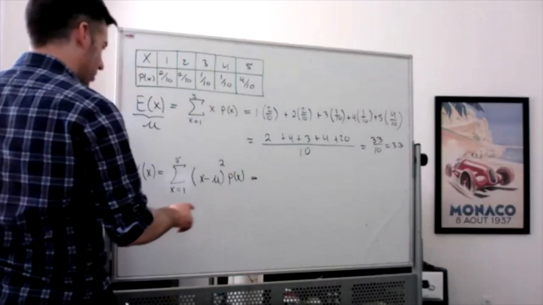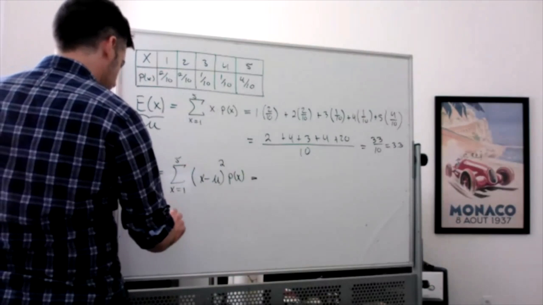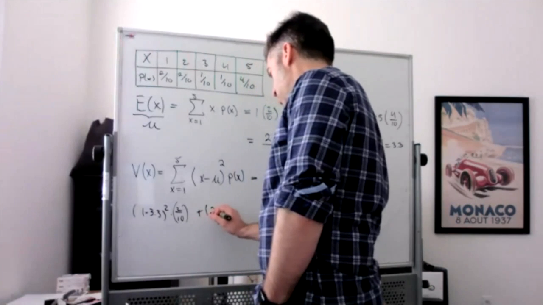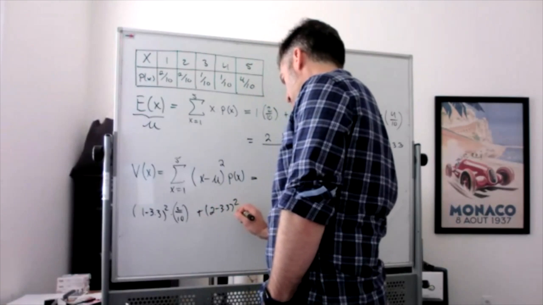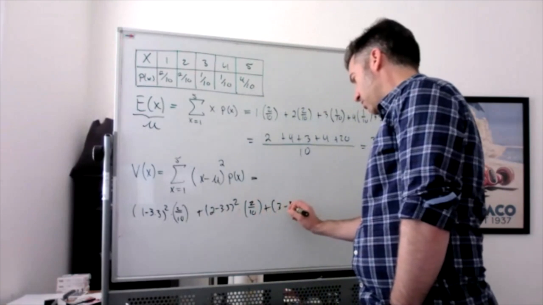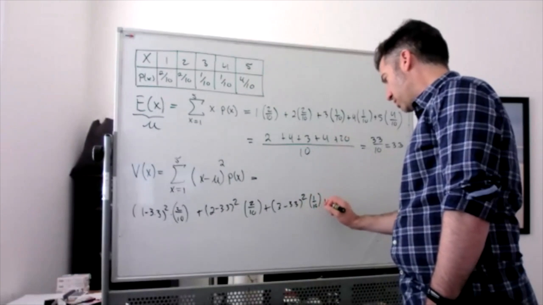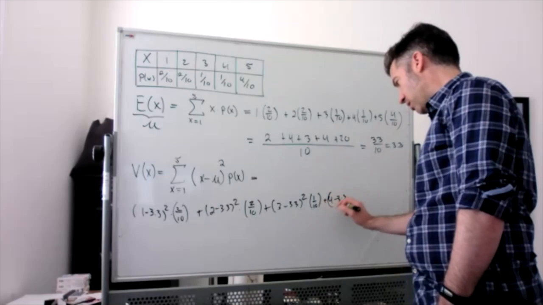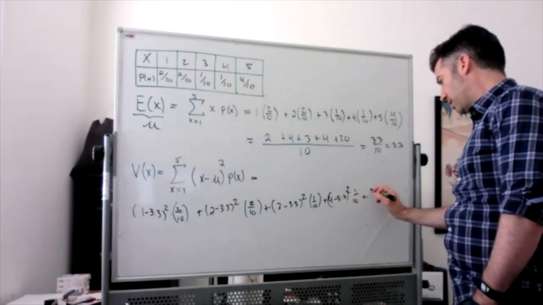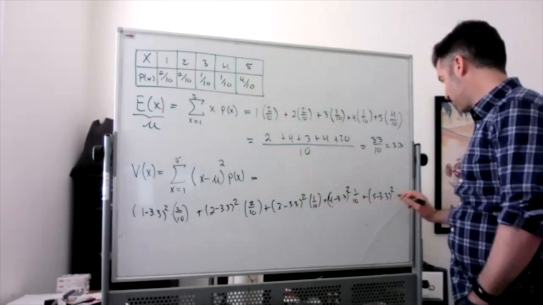This is going to probably require some calculator work. So we're going to have 1 minus 3.3 squared times 2/10, plus 2 minus 3.3 squared times 2/10, plus 3 minus 3.3 squared times 1/10, plus 4 minus 3.3 squared times 1/10, plus 5 minus 3.3 squared times 4/10.